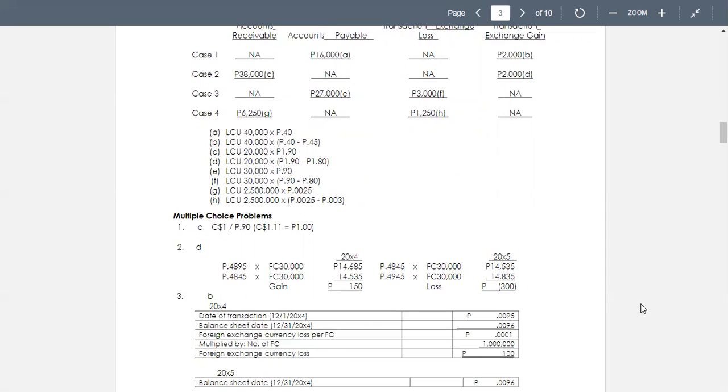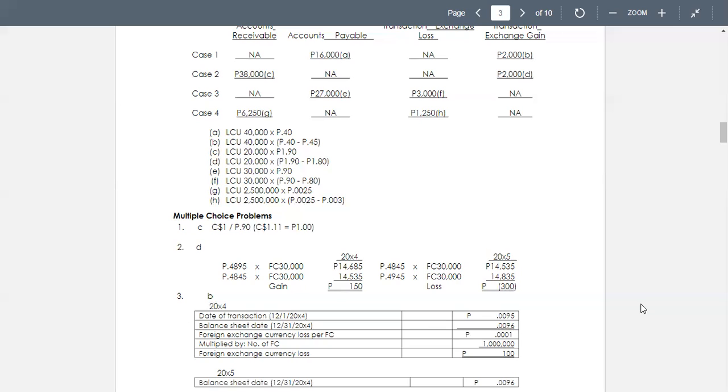Number 2, question. On April 20, 20X5, DD paid the liability with 30,000 FCUs at a rate of 0.4945 in pesos. DD's income statements should report a foreign exchange gain or loss for the years ended March 31, 20X4 and 20X5 of. So we now have 20x4 and 20x5, 0.4895.